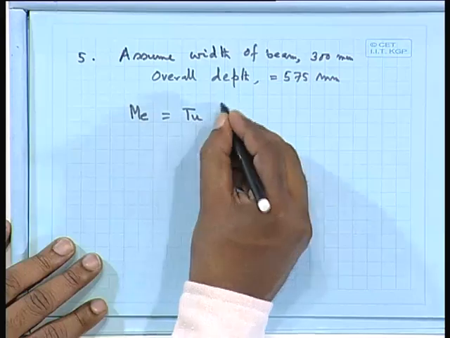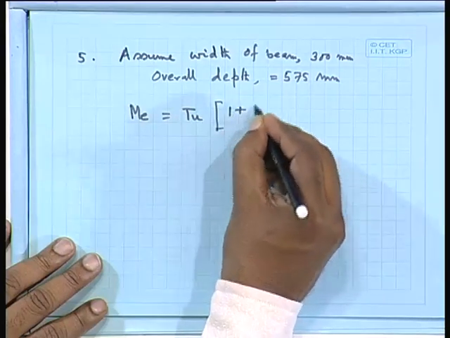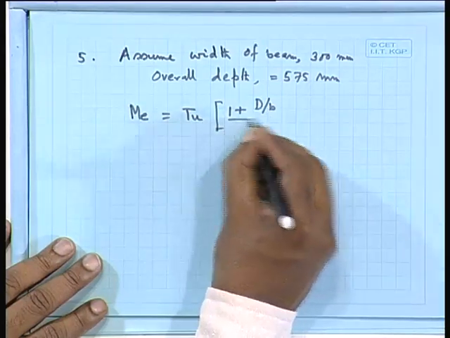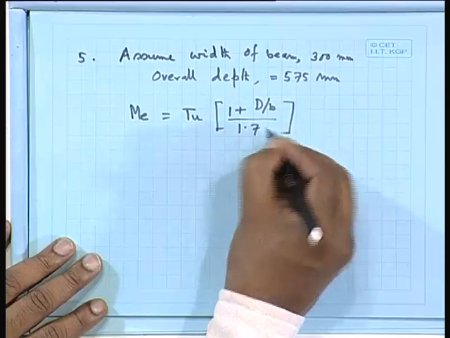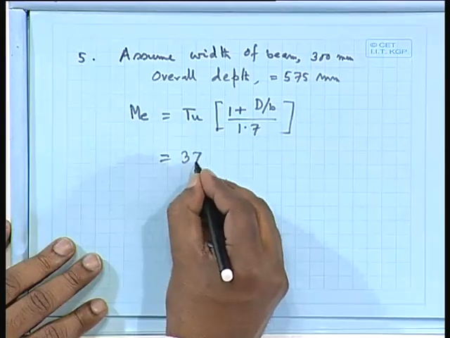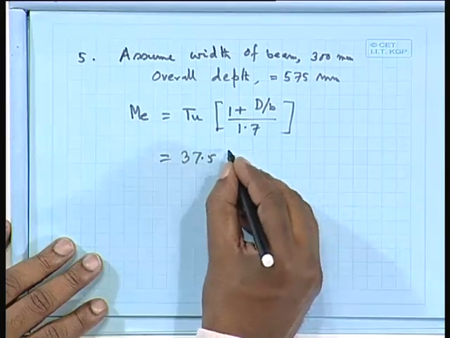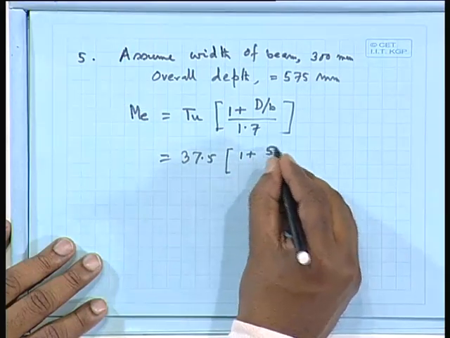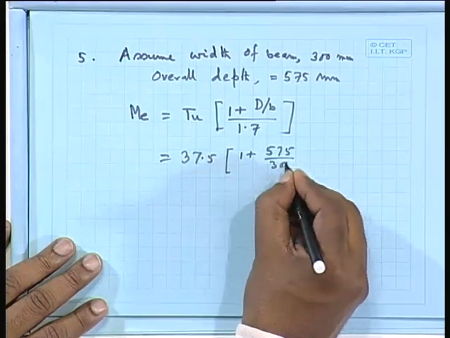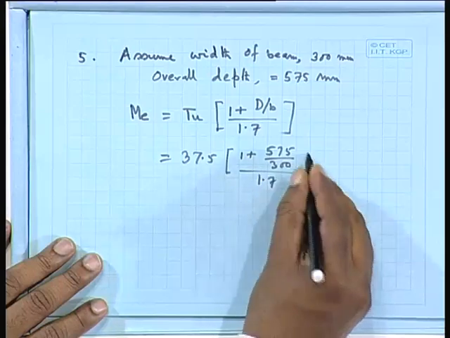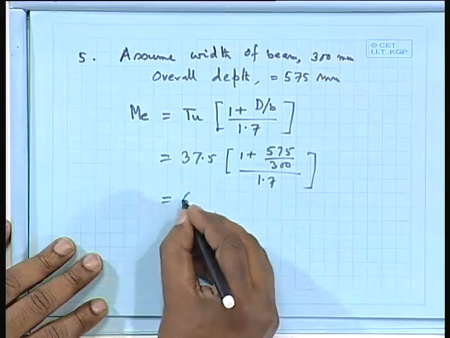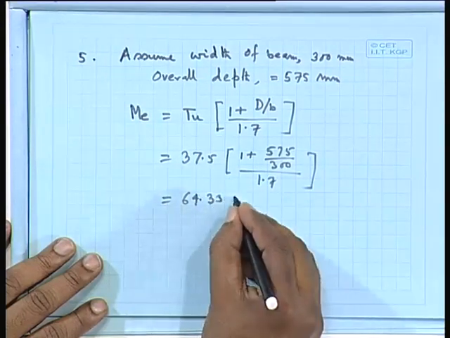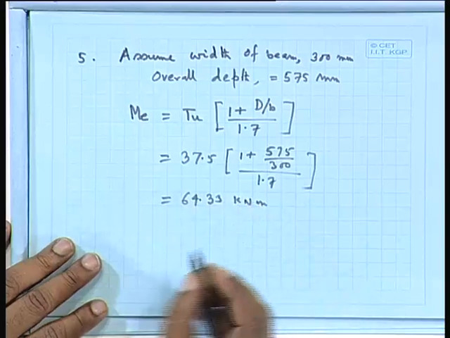So Tu: 1 plus d by b by 1.7, equal to 37.5, 1 plus 575 by 300 divided by 1.7 equal to 64.33 kilonewton meter.